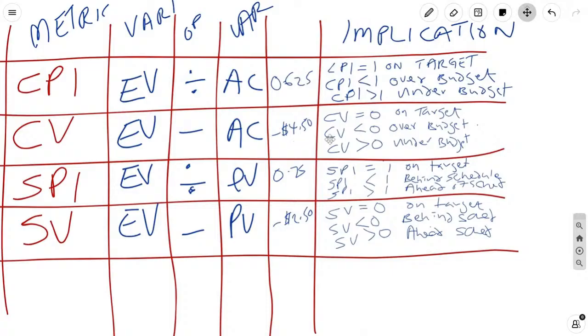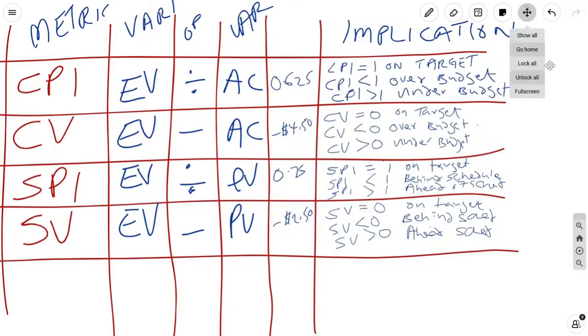Negative 450 is less than 0, so you're over budget. 0.75 is less than 1, you're behind schedule. And negative 250 is less than 0, so we can tell you're behind schedule.